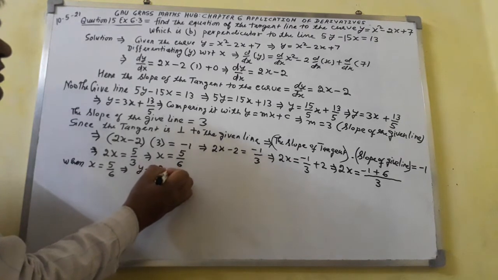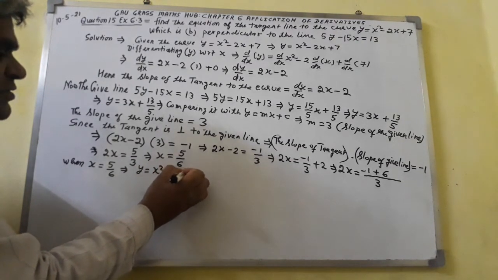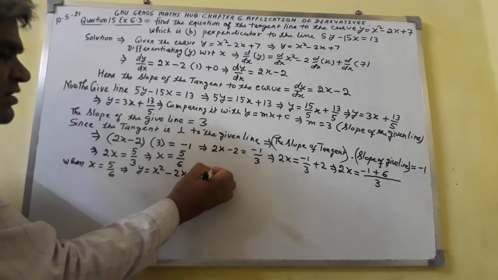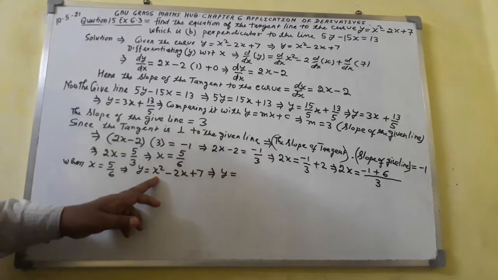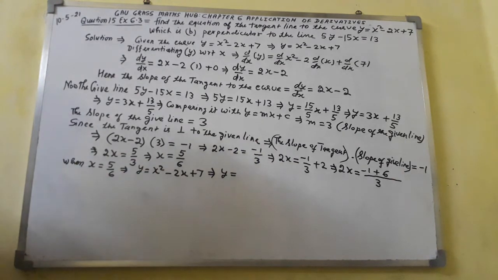x square minus 2x plus 7. I shall write, implies that y is equal to x square minus 2x plus 7. So put x equal to 5 over 6.